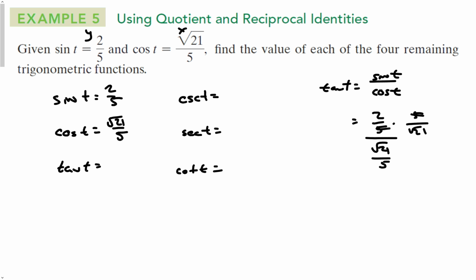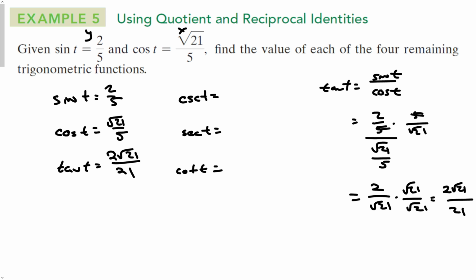So those cancel. So we get 2 over the square root of 21, which we don't like. So we're going to rationalize that to give me 2 square root 21 over 21. Not pretty numbers, but it's okay. And we'll see that this should make a lot of sense when we start doing the next section and thinking about this in terms of a right triangle.